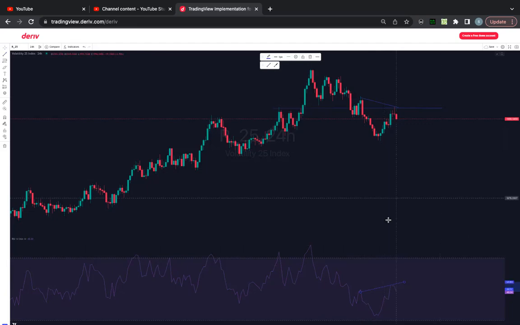That is called divergence. So now we've spotted the divergence, and definitely that's one of the reasons why the market is coming down. Do you understand this now, guys?